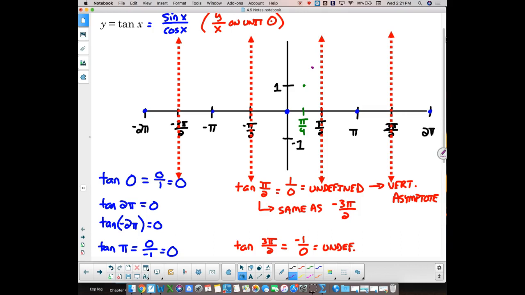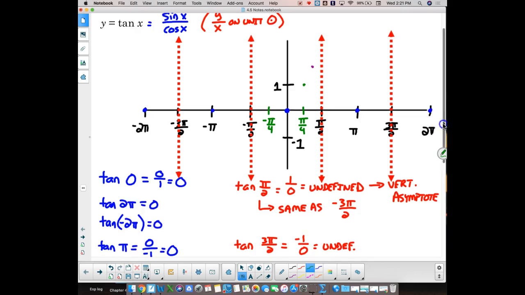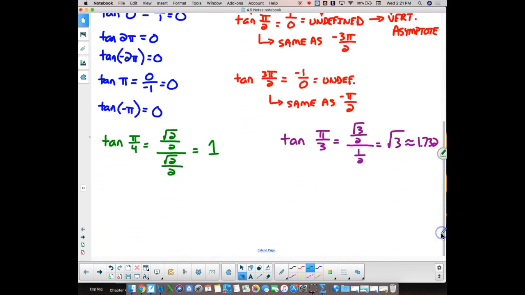Okay, let's try some more. Let's go this side of 0 now. Let's go negative pi over 4. What is the tangent at negative pi over 4? -1.